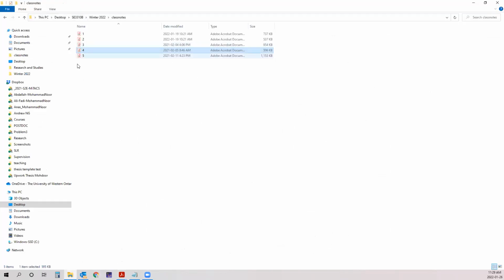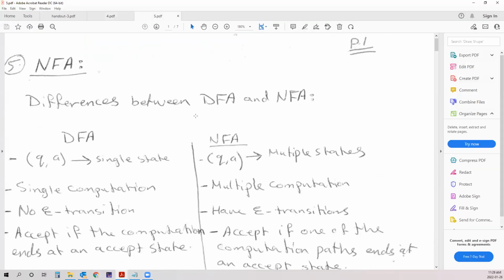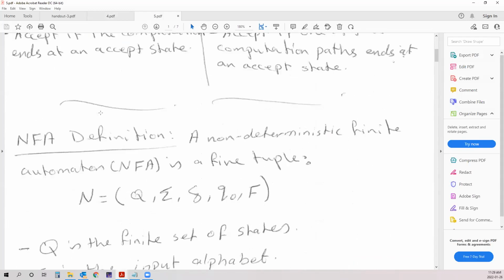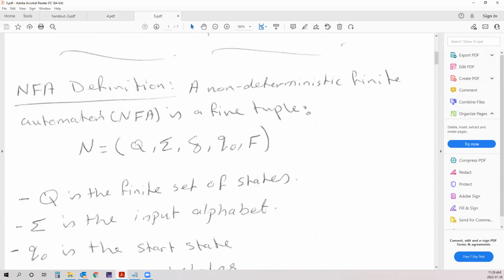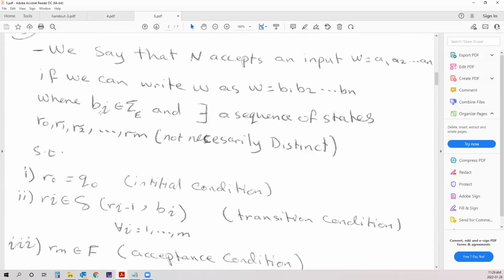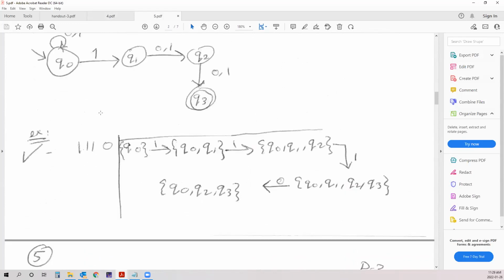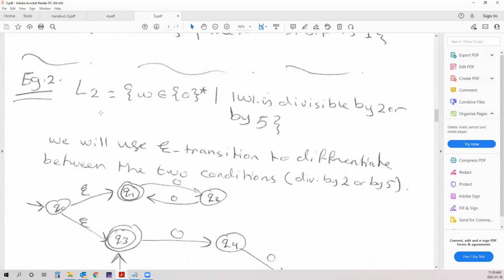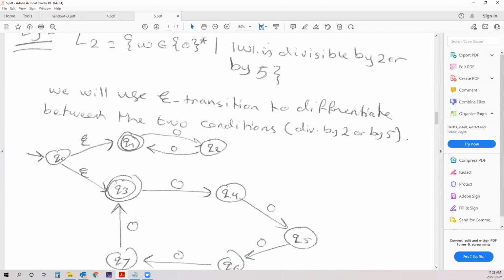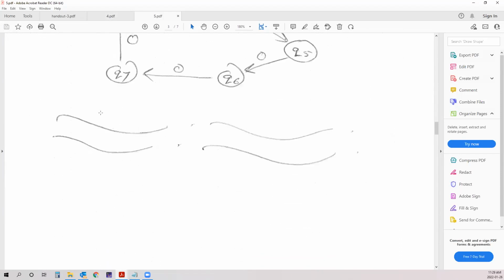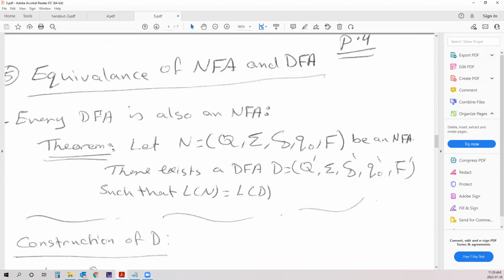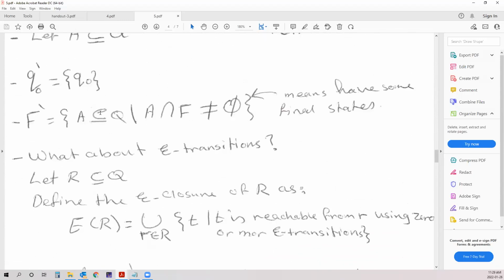Then in class note 5, what are the exact differences between DFAs and NFAs? The formal definition of NFAs again. What do we mean by those? We'll take some examples, and we'll have some conditions on the equivalence of NFA and DFA, our topic today.